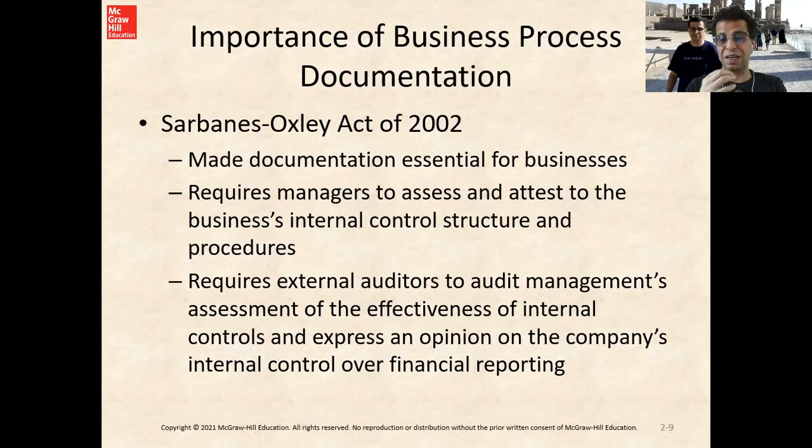It requires external auditors to audit management's assessment of the effectiveness of internal control and express an opinion on the company's internal control over financial reporting. The governments in the USA and in Canada made it a must, because if companies don't have such things, they will not be able to get contracts from the government.